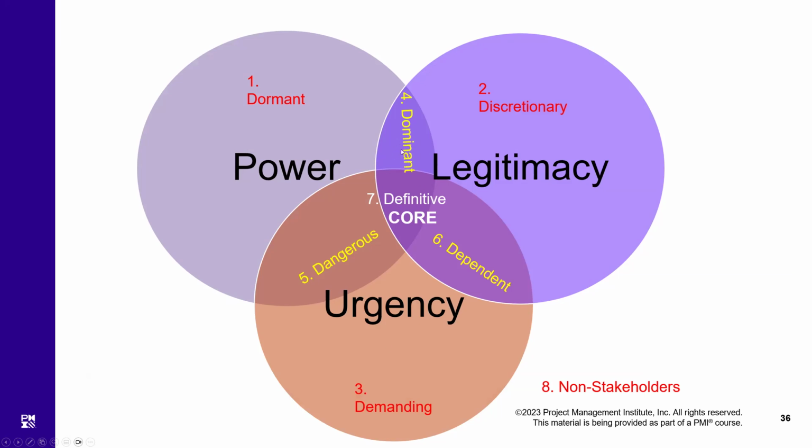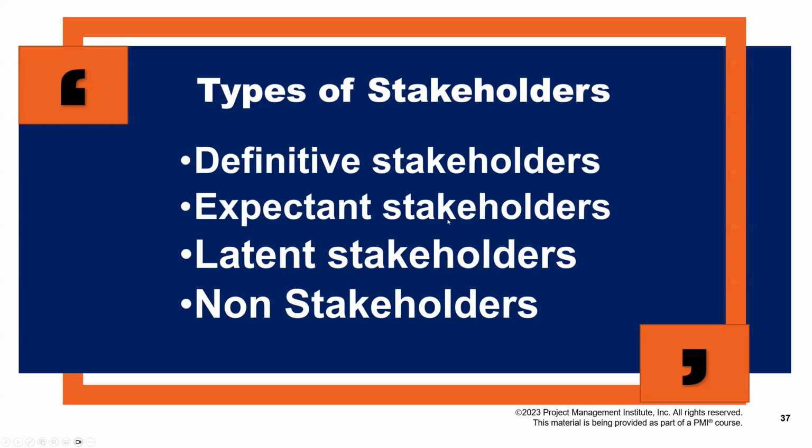Then we have dangerous stakeholder, which is high in power and high in urgency, but low in legitimacy. Number 6, dependent stakeholder, high in legitimacy, high in urgency, but low in power. So these three types, 4, 5, and 6, are collectively called expectant stakeholders.